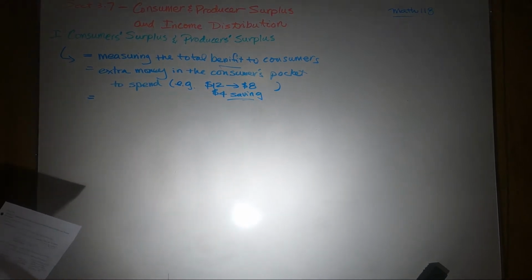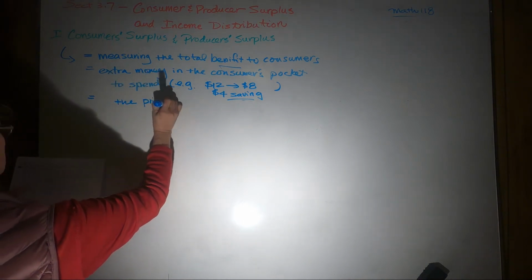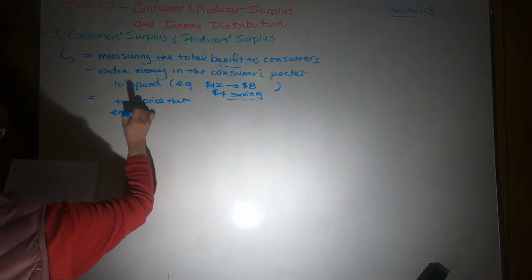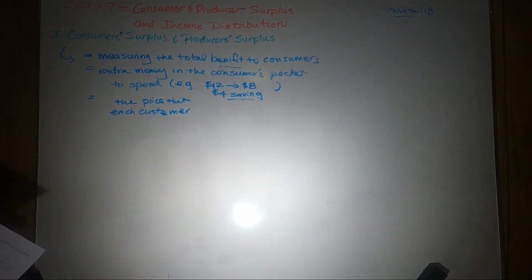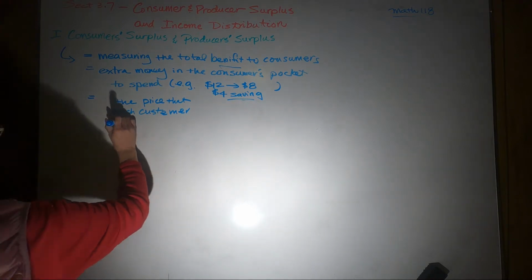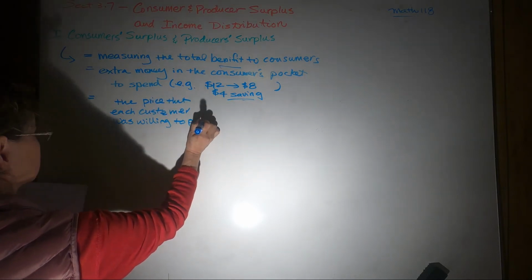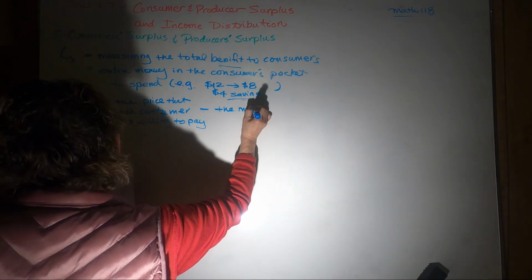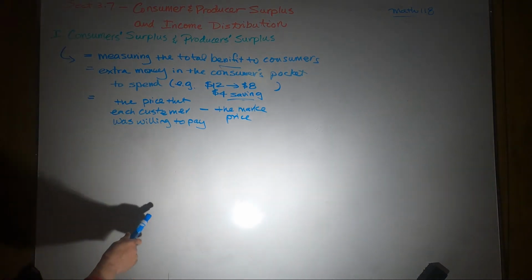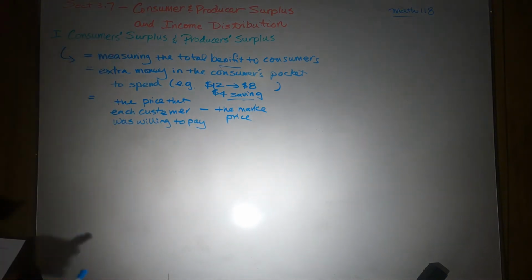So for a product, the price that each customer was willing to pay, $12, minus the market price, $8, the $4 saving becomes the consumer's surplus for a product, right?